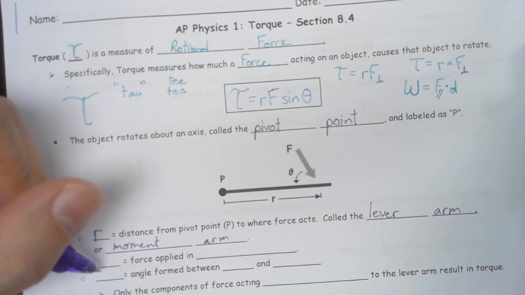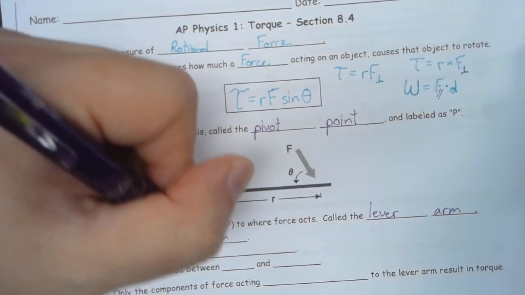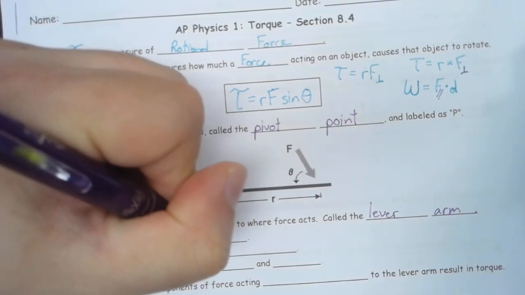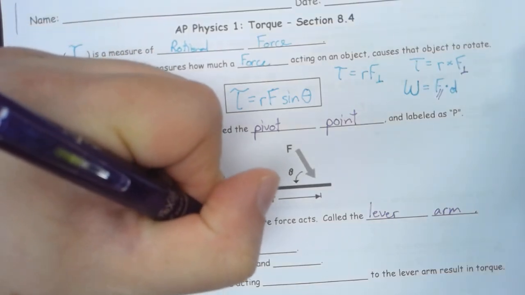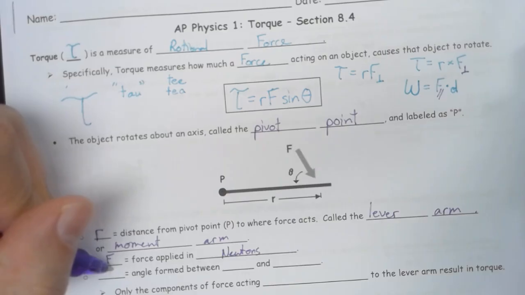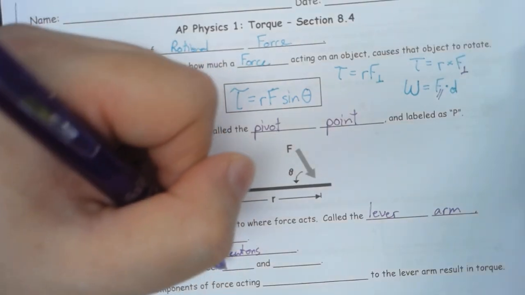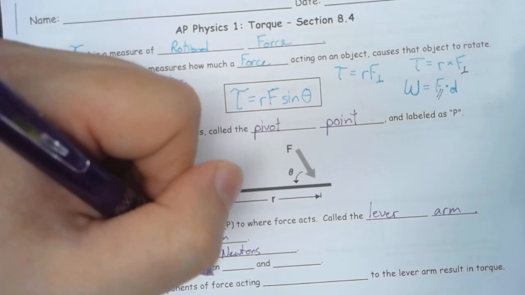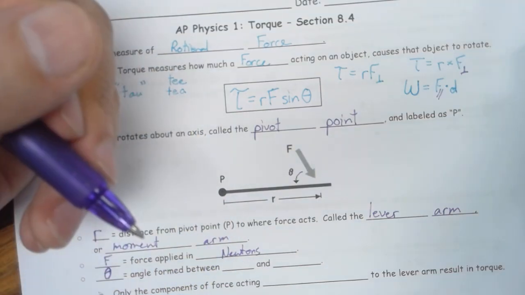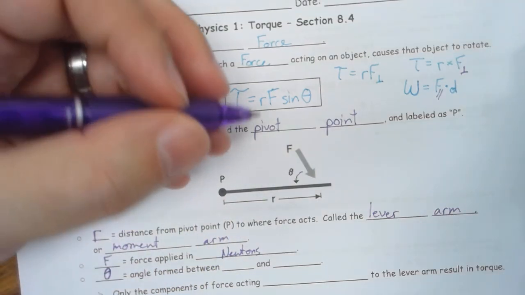Force applied. What's the letter? F. And it's measured in what units? How do you measure angles in geometry? Pre-cal. What symbol? Theta. Okay. Formed between what two things in this equation?